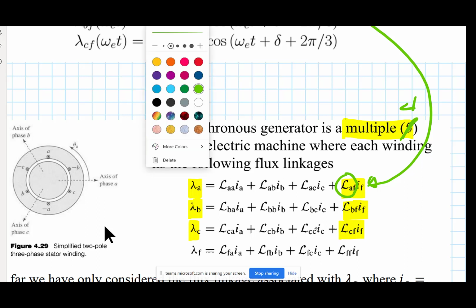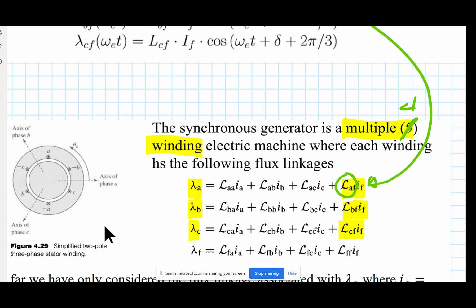If it's a round rotor machine, this is the only one that has a position dependency because the MMF is moving with position. Then the textbook talks about salient pole machines, but we won't go into those. But you've been introduced to that idea in chapter 3.